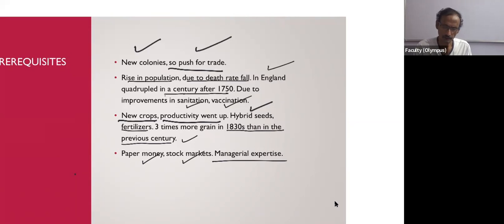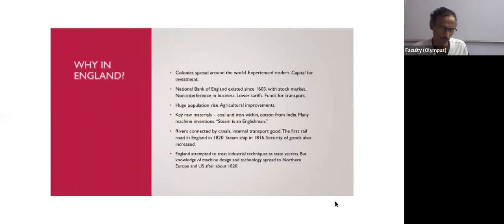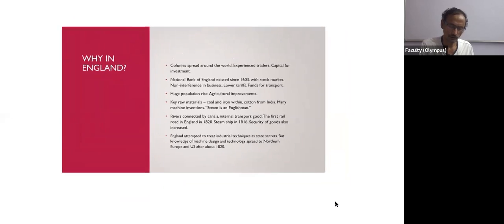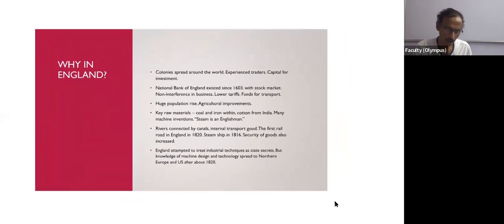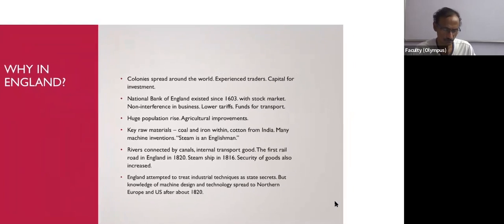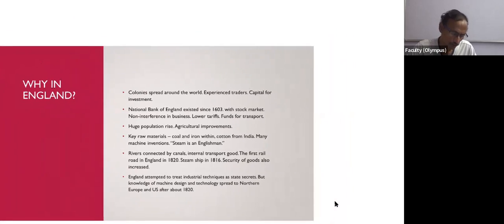Why did this take place first in England? In all these things, England was in a preeminent position. Its colonies spread around the world, because of which it had experienced traders.